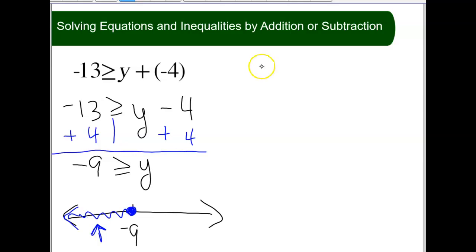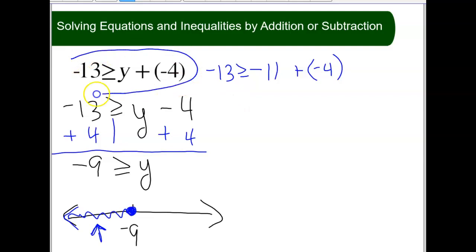So what happens if I choose negative 11 and I add negative 4 to it? I want to get something there so that this relationship stays the same. Negative 13 should be bigger than or equal to that, right? Because that's the original inequality. And I want to substitute a value in to check to see if it works.